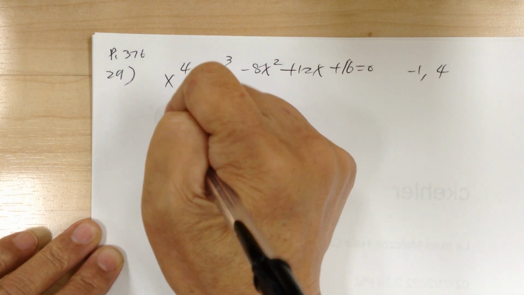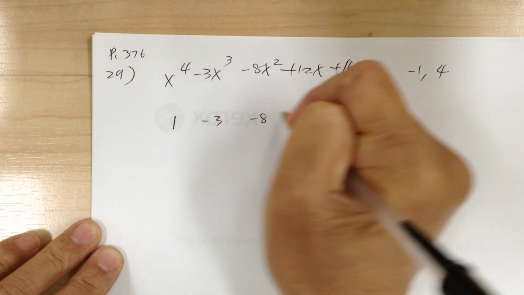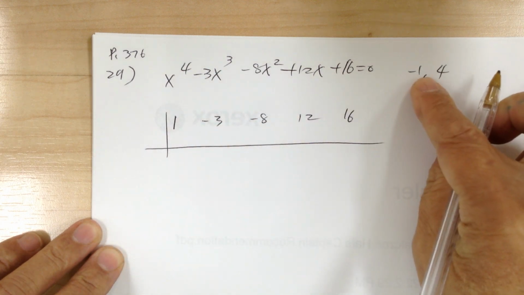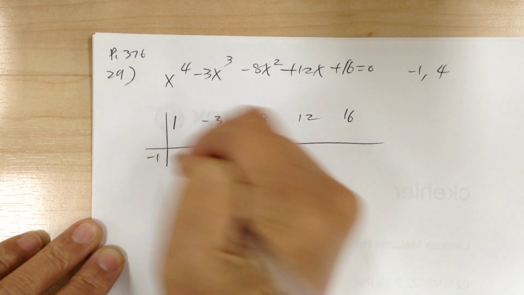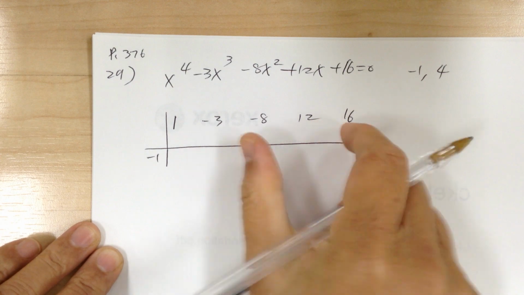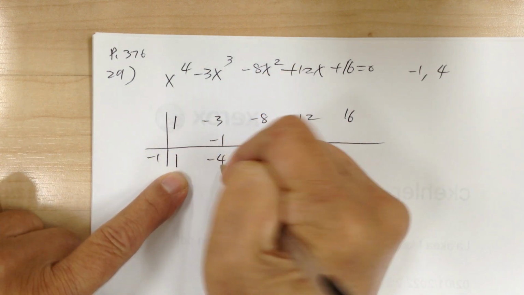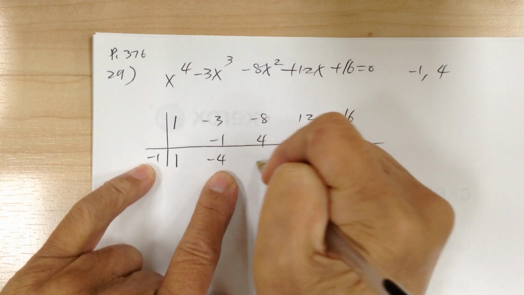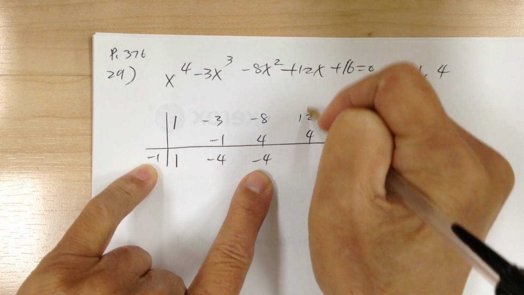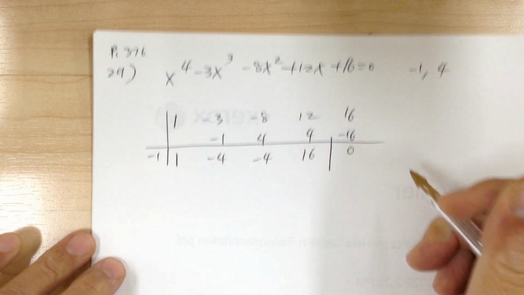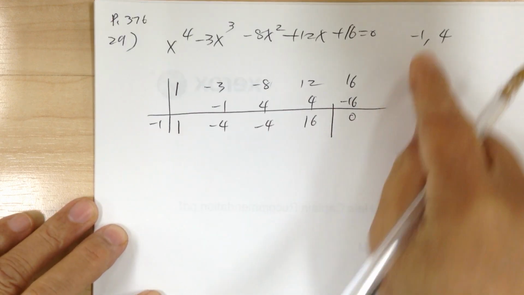So you're going to get 1, -3, -8, 12, 16. Since this root is already given, you just divide by that. Basically, it's almost like factoring. You drop, multiply, add, multiply, add, multiply, add, multiply, add. Again, this equals 0 because these are roots.